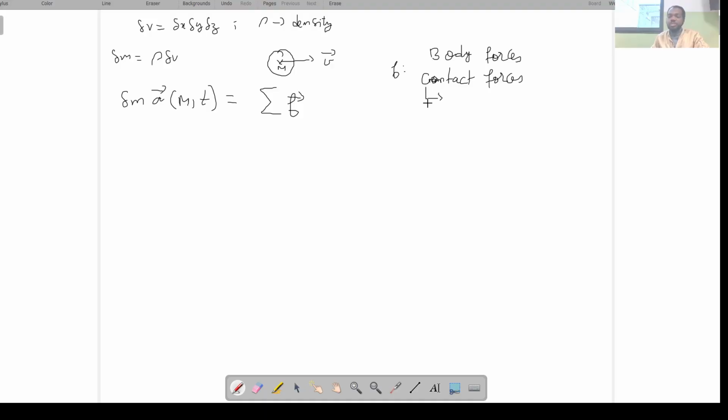For the contact forces, there are two types: pressure forces and viscous forces. So now we're going to derive each force acting on this fluid element.